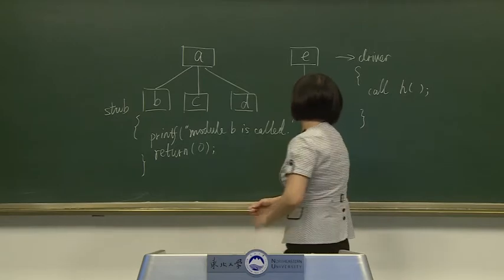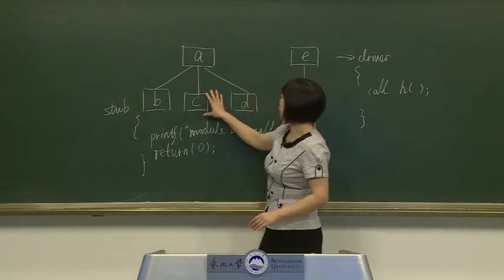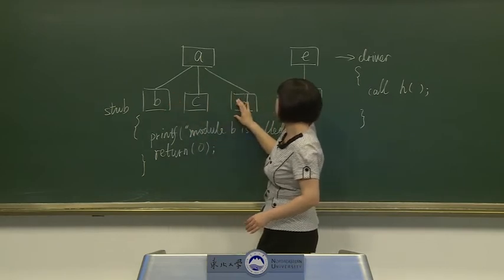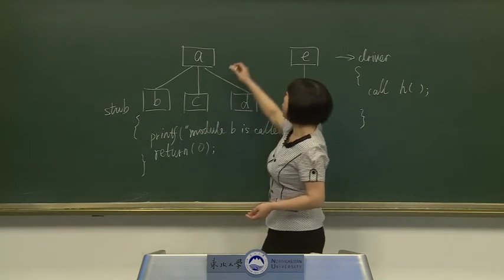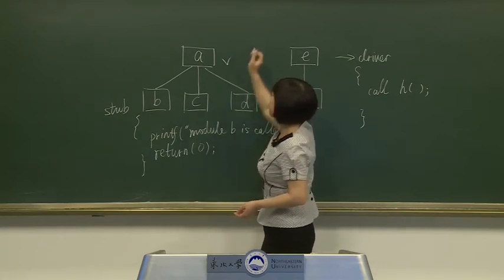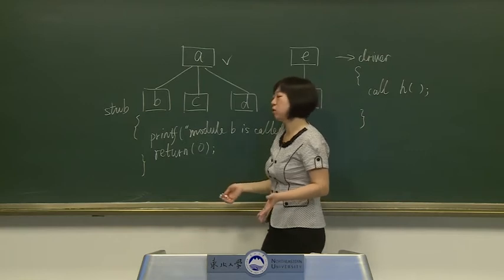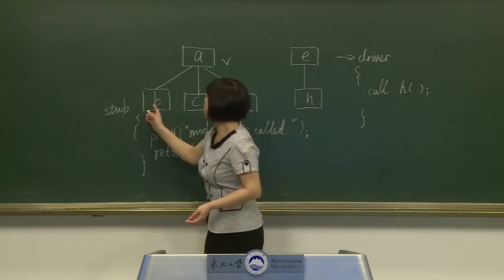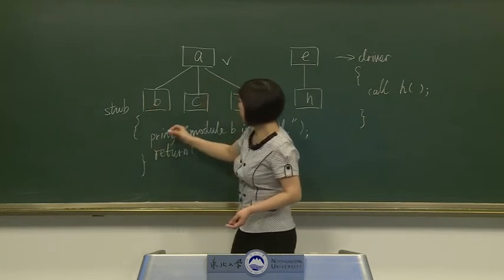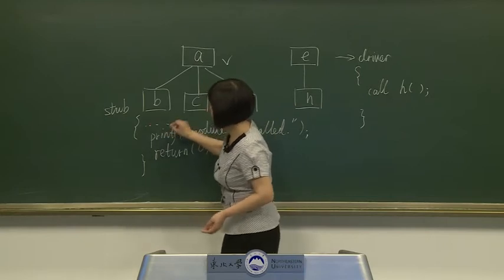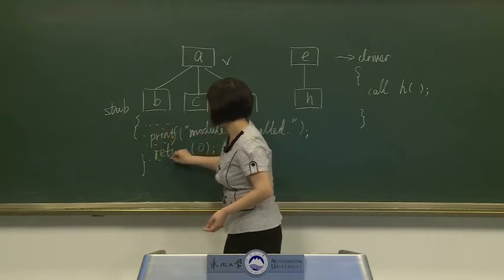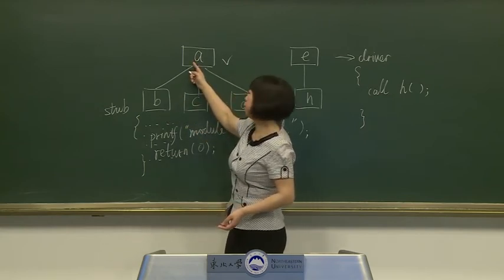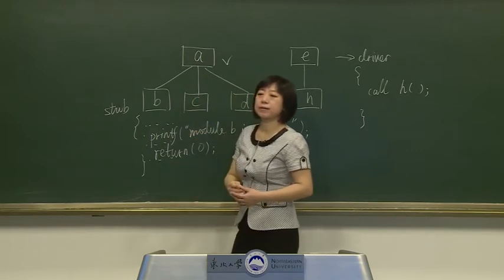So let's take this example. Module A will call modules B, C, and D. In this way, module A is proved perfect, that means it has no problem. And then, based on the stub of module B, we can give out the exact implementation, and then integrate module B into module A and do the testing.